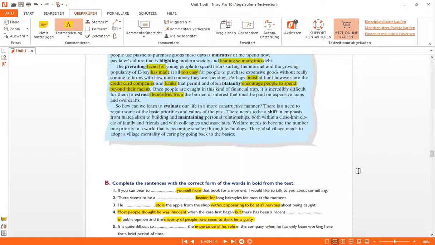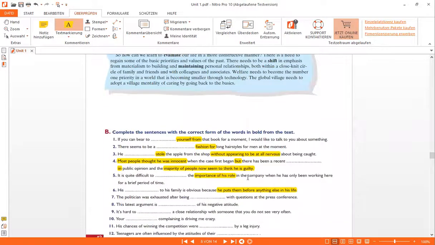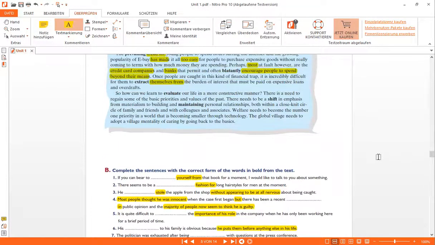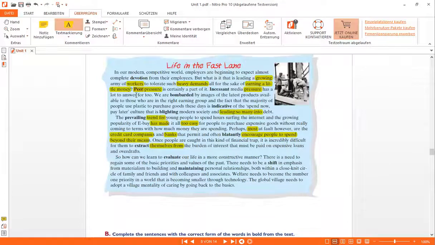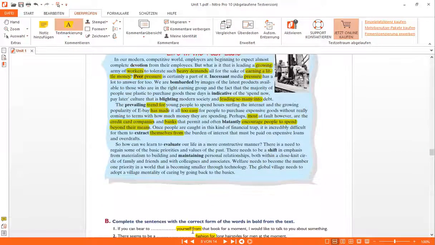This is a vocabulary. The text starts with a vocabulary set of questions. Again, guide yourself with keywords, especially those that come directly after the gaps. If you can bear to extract yourself from that book for a moment, I would like to talk to you about something. Extract yourself from, and then we go. So you have to use the words that are in bold, okay? There is one word that is followed by a reflexive pronoun and then the preposition from.